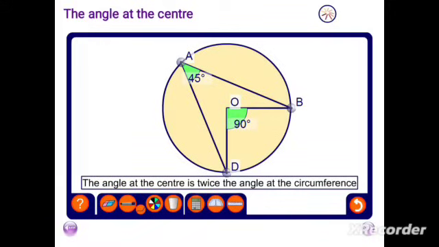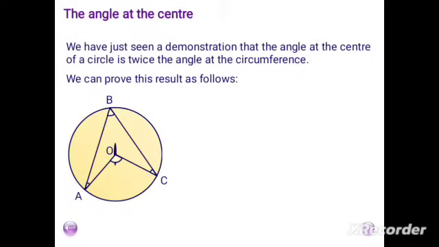As you can see, we have the angle at point A with the angle 45 degrees, and we have also point D and point B. So an arc BD subtends an angle 90 degrees at the center and an angle of 45 degrees at the circumference of this circle. And so we want to show proof for this.